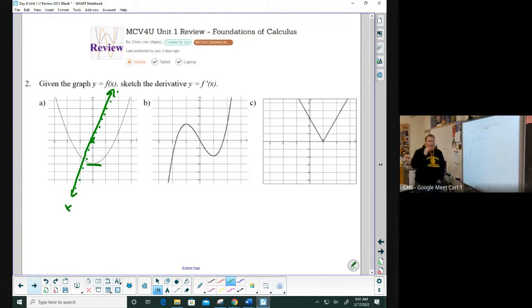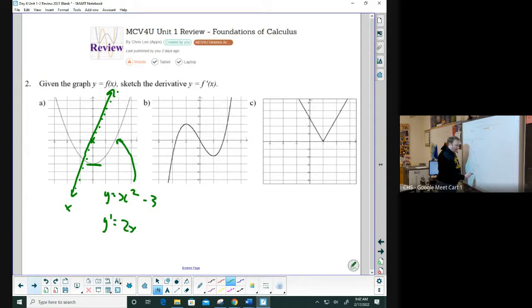Now, this is probably going to get me full marks, but I'm going to notice that I know a little bit more about derivatives than I did when I did this last week. I know if the original actually is x squared, maybe minus 3, the derivative is 2x, right?